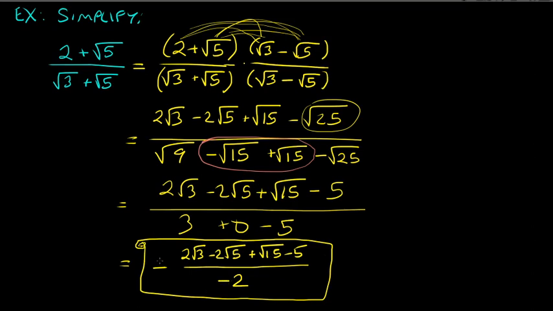If you leave the negative 2 downstairs, again, I'm not picky about that, but you really should bring the negative in front. All I'm saying here is, if you have something like 7 divided by negative 4, I would write that as a negative fraction, negative 7 over 4. So same thing here.